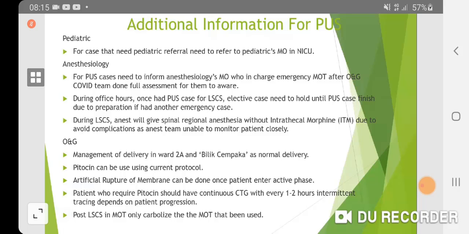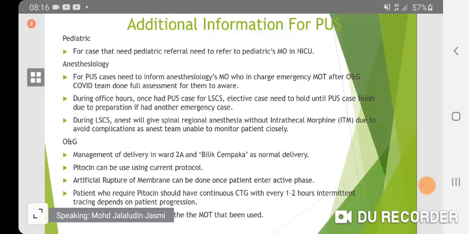Okay, for our O&G setting, the management of PUS in ward 2A or in bilik cempaka or labor room 10 is as a normal delivery. Pitocin can be used following the current protocol, even in 2A or in bilik cempaka, without continuous CTG tracing.